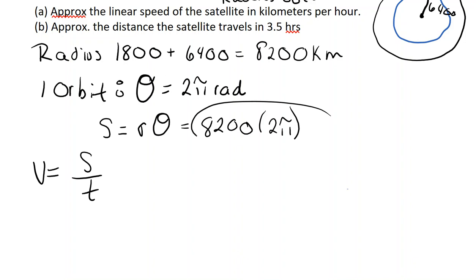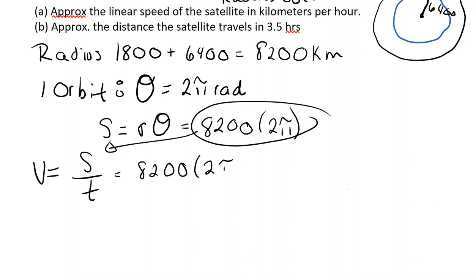So now what we can do is we can take this, plug it in here, and then the time, it says it took 2.5. So what we're going to do is plug it into our calculators.